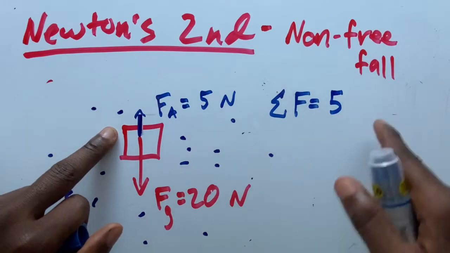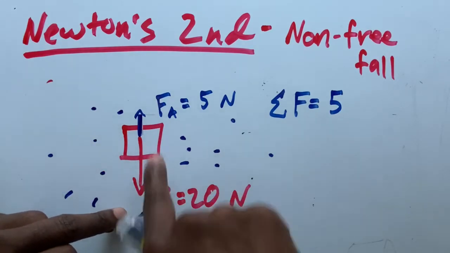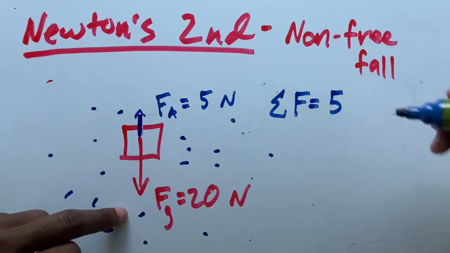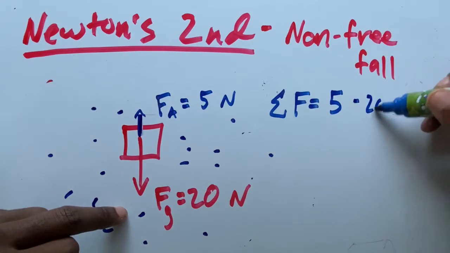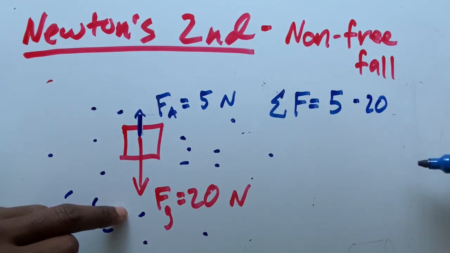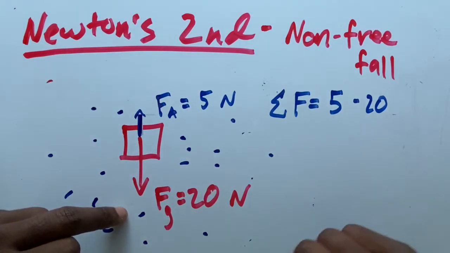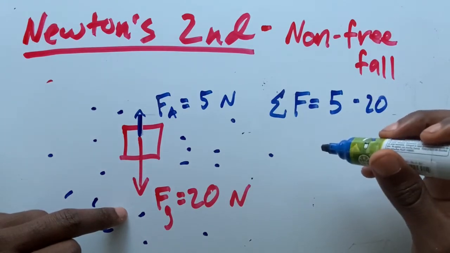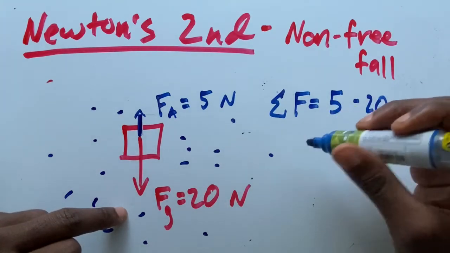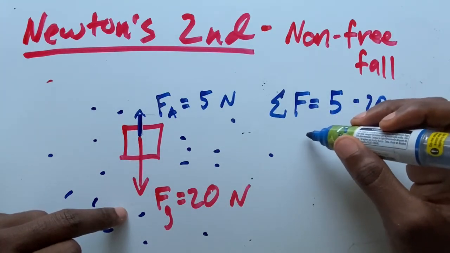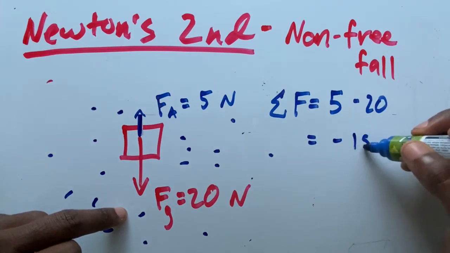All right, and then minus gravity, because it's pulling in the opposite direction by 20. So minus 20. And so now the net force here is going to be negative 15 Newtons.